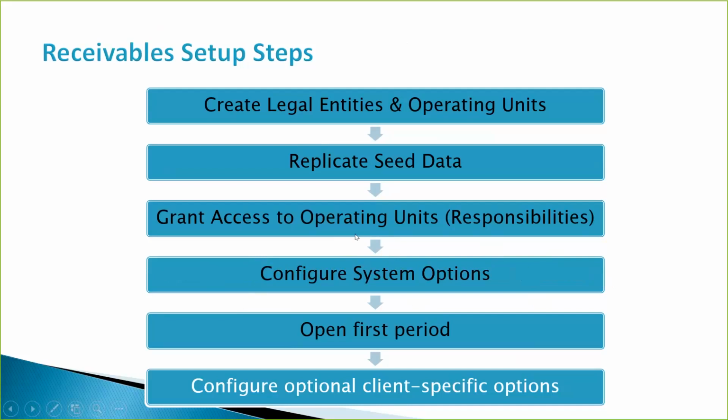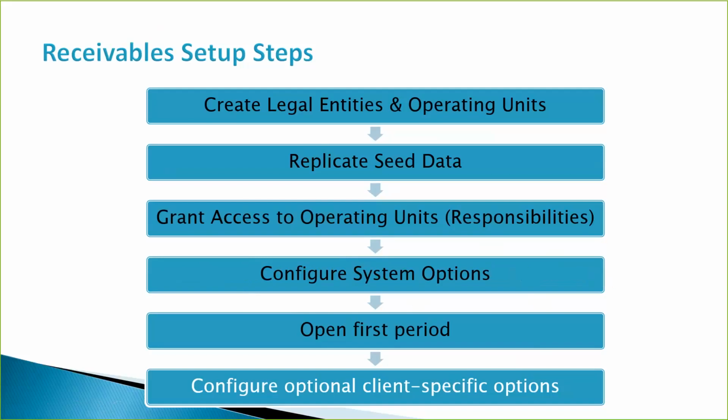Some of the options that we are going to talk about include what? GL accounts. You have to set up GL accounts that will be used for receivables accounting. You have to set some receipt options. There are options for transfer of transaction entries from AR to GL.